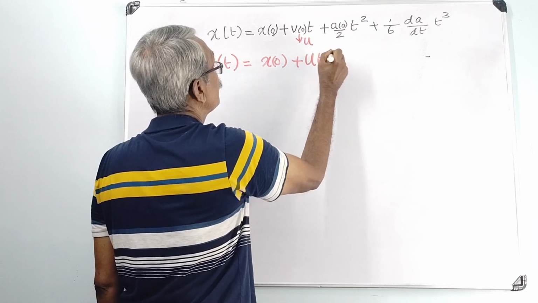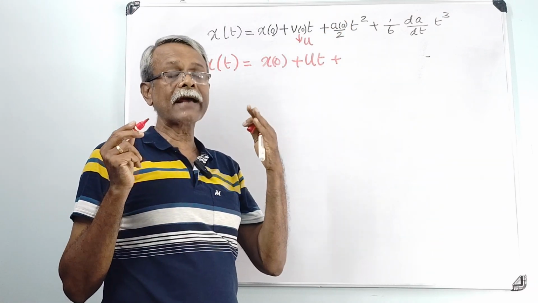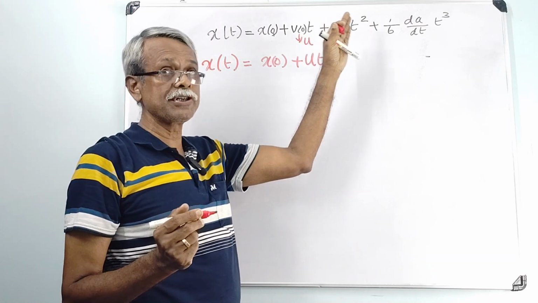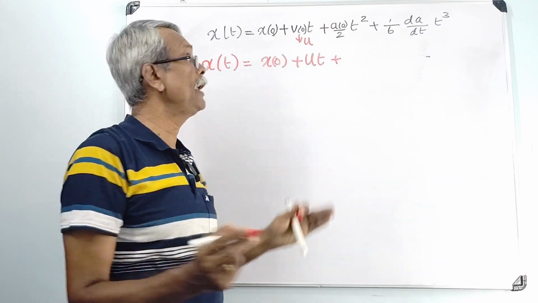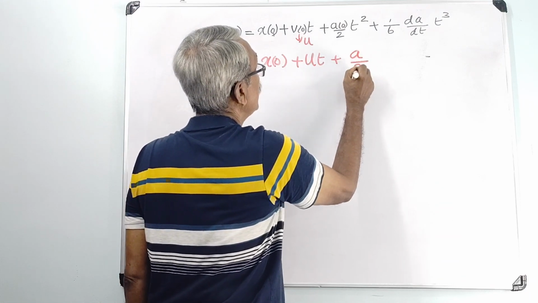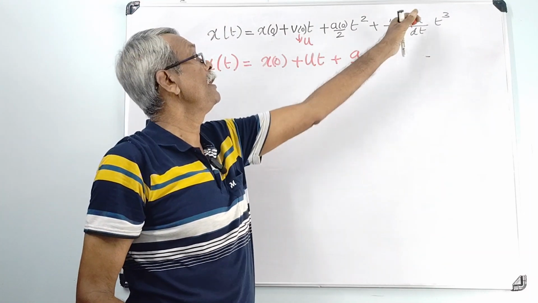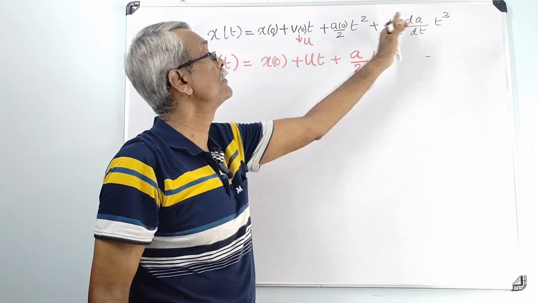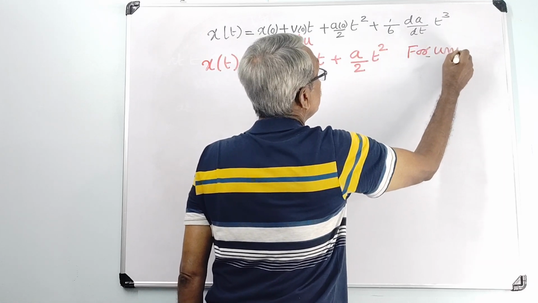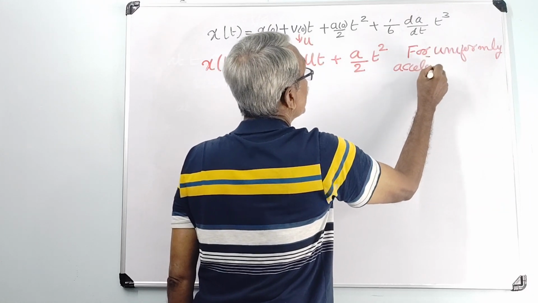Therefore, you have ut here, plus a0 is the acceleration at time t is equal to 0, but if we take acceleration as a constant, that is a uniformly accelerated body, then this a0 can be written as a. So this is a divided by 2 multiplied by t square. And when a is a constant, dA by dt will be 0, and therefore this term will vanish. Therefore, this is for uniformly accelerated motion.